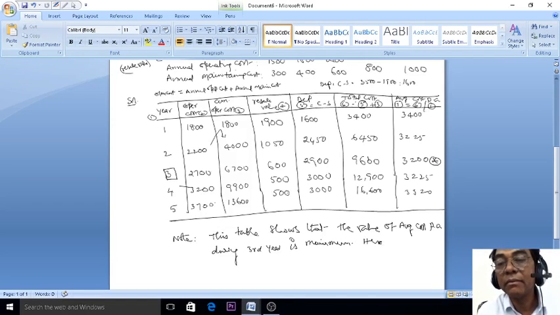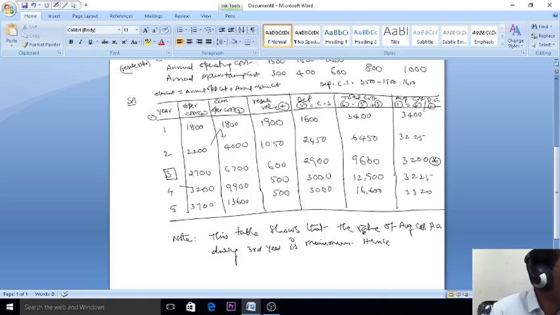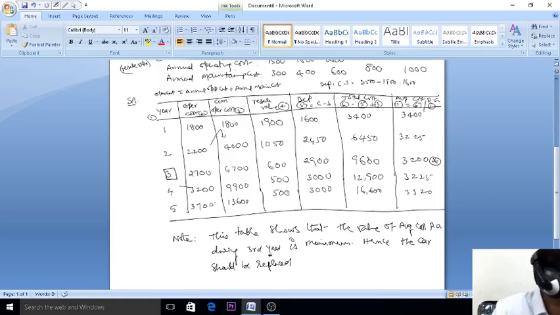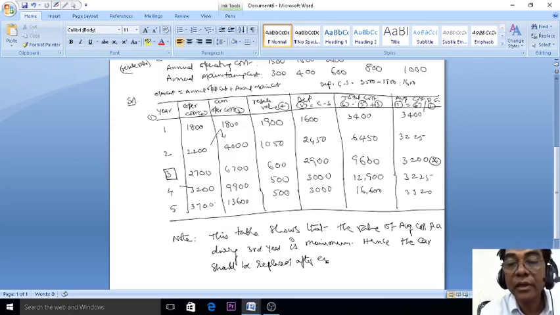Hence the car should be replaced after every third year.